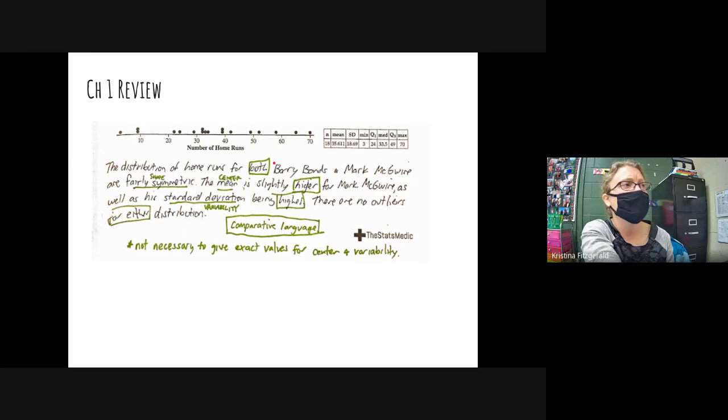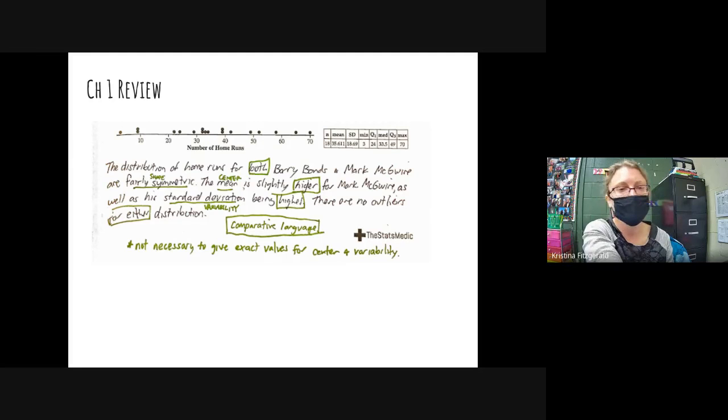So you could get away with saying Barry Bonds and Mark McGwire are both fairly symmetric. Then for the center, if you want to use the mean, you can. If you want to compare the medians, you could. But in this case, the mean is slightly higher for Mark McGwire. The medians are actually the same.